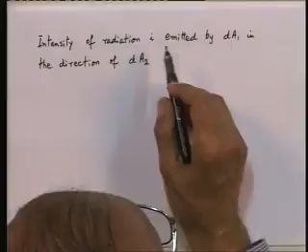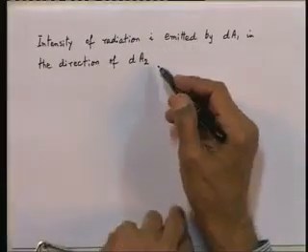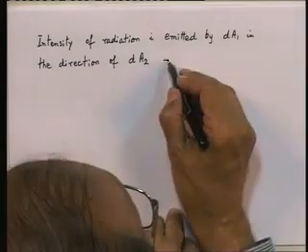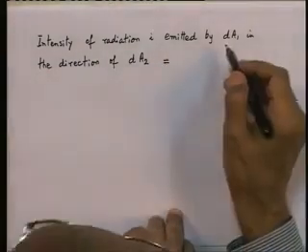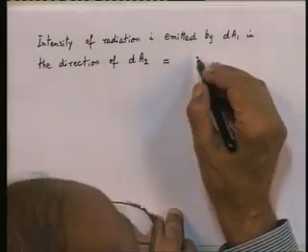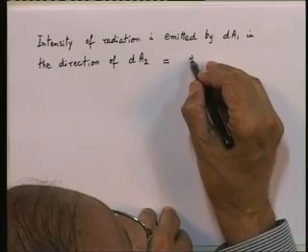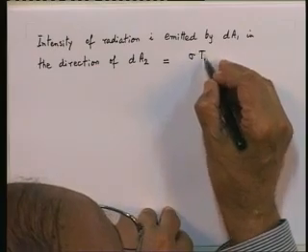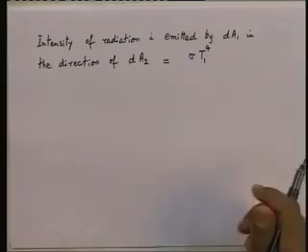With this nomenclature, intensity of radiation I emitted by dA1 in the direction of dA2 is going to be equal to, first of all, what is the emissive power of dA1? It is a black surface. So, by the Stefan-Boltzmann law, it is sigma T1 to the power of 4, E_b1.